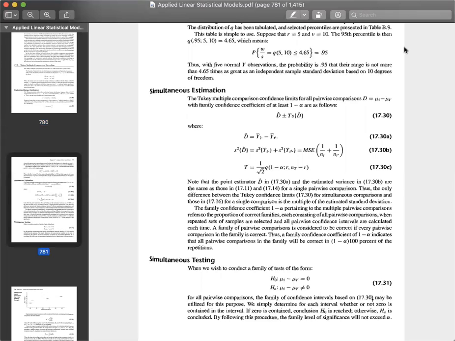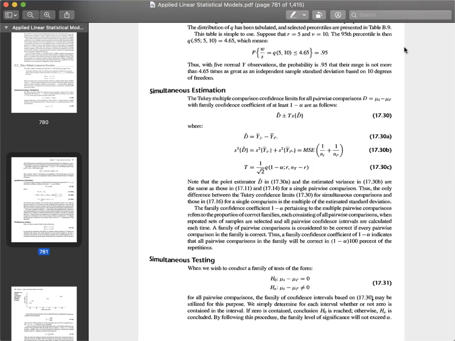Note that the point estimator D hat and the estimated variance are the same as those in 17.11 and 17.14 for a single pairwise comparison. Thus, the only difference between the Tukey confidence limits for simultaneous comparisons and those in 17.16 for a single comparison is the multiple of the estimated standard deviation.